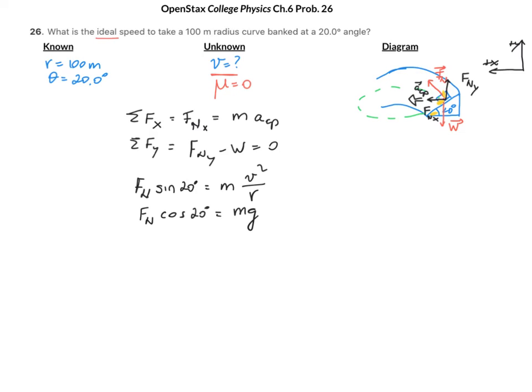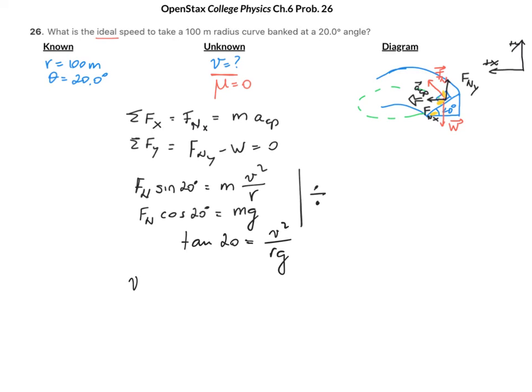One little trick that I like to do is divide two equations like this, because when I do that, my Fn up here divided by Fn over there just drops out, and I have sine over cosine, which is tangent. The m goes away as well, so all I'm left with is tangent 20 is v squared over rg.